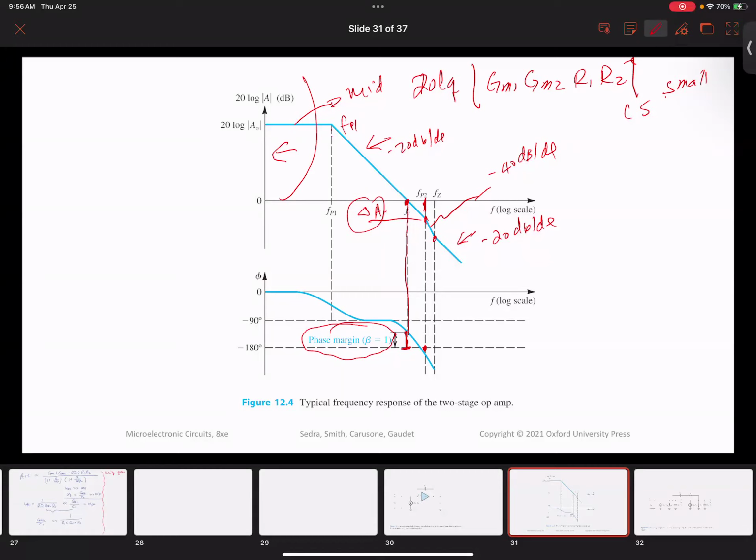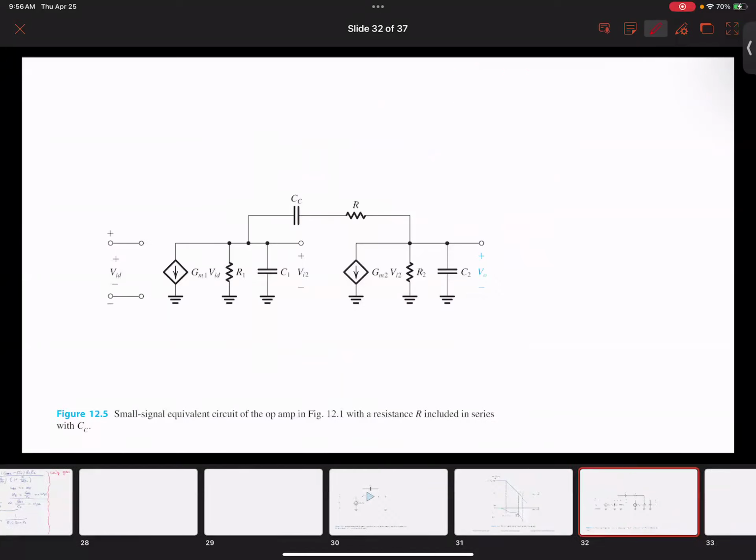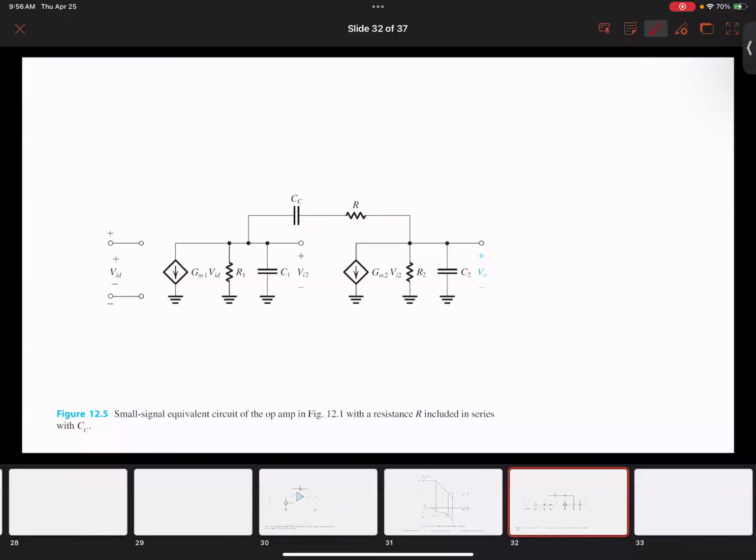Also, when we use this in feedback, we might have issues as well. So the idea in the book is that we can introduce a resistance in series with CC.